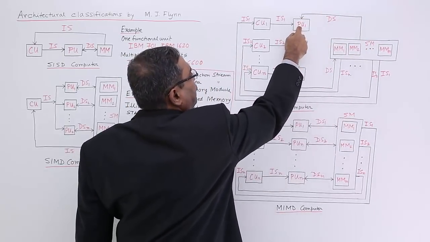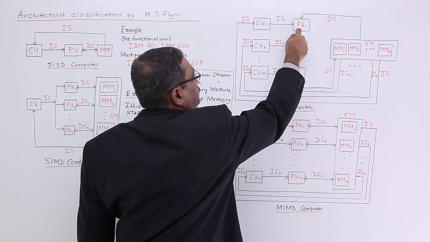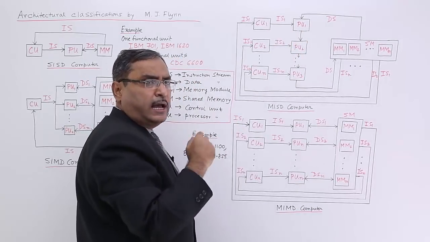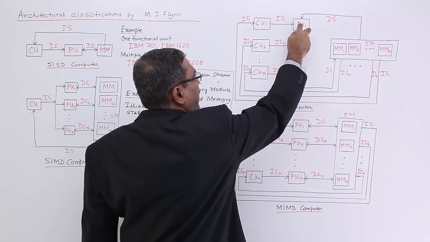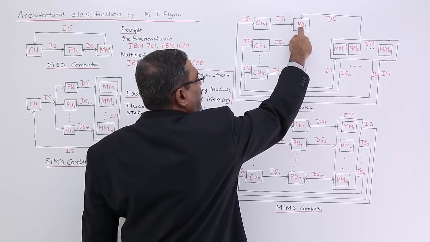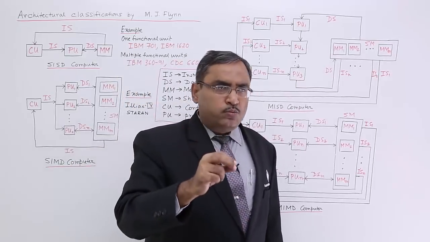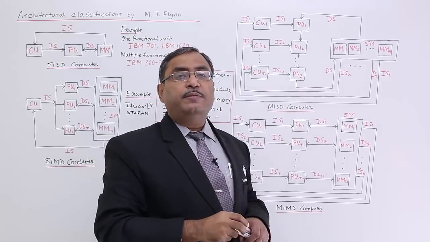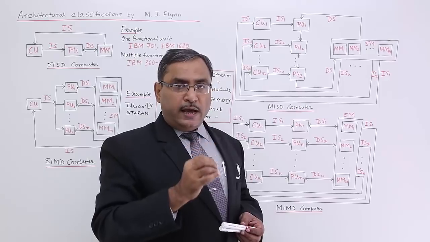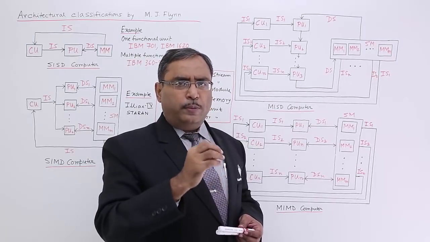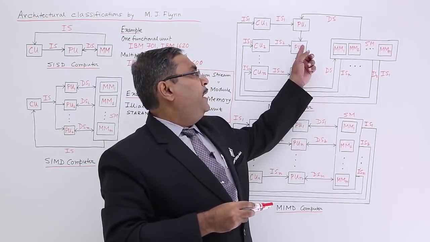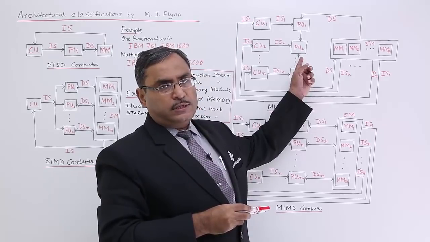After being processed by this instruction stream, say IS1, the derived partial or the original data will be made available to processor unit 2. It will again work with this particular instruction stream IS2, and the derived or partial or copy of the original data will be made available to the next processor units.